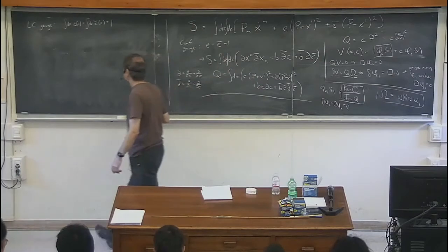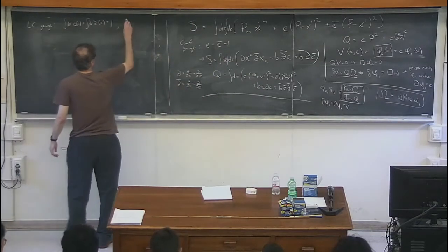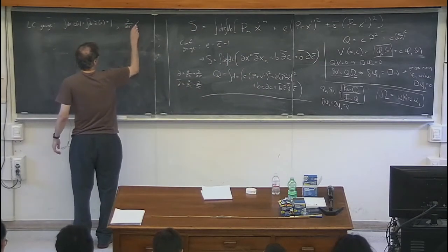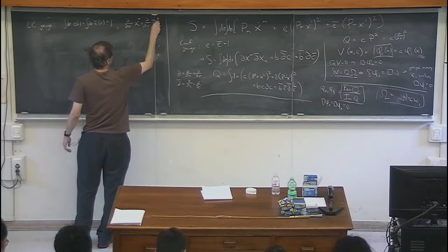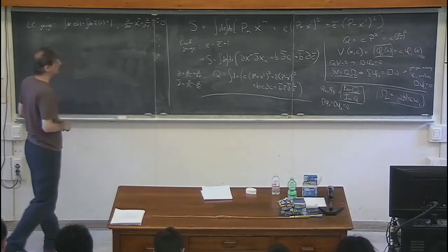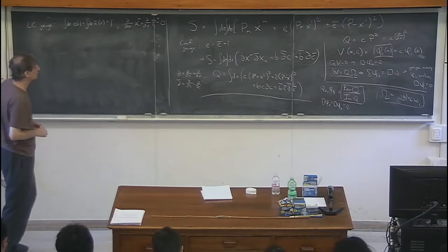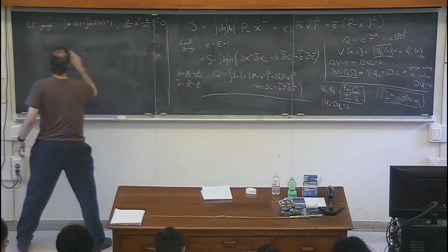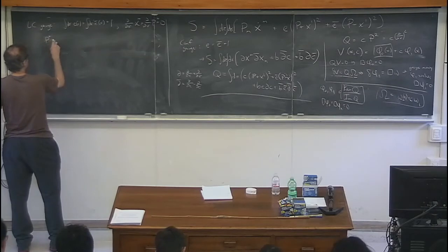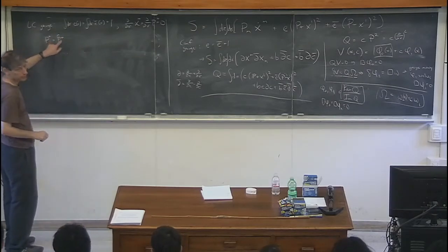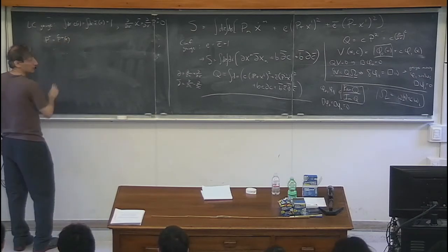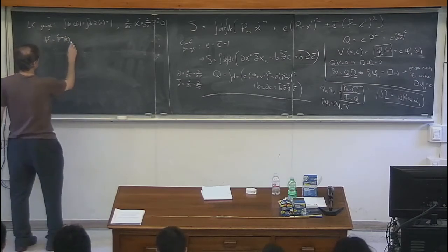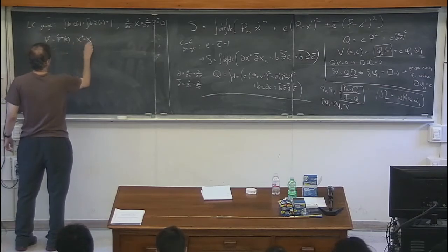We're going to use them to fix d/d sigma of X plus and d/d sigma of P plus to be equal to 0. So this is the light cone gauge. In this gauge, P plus is just going to be equal to its zero mode, so I'll just call it P plus hat. This is independent of sigma. And similarly X plus is just X plus hat.